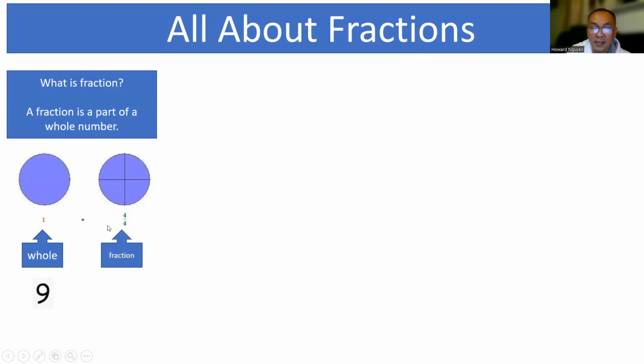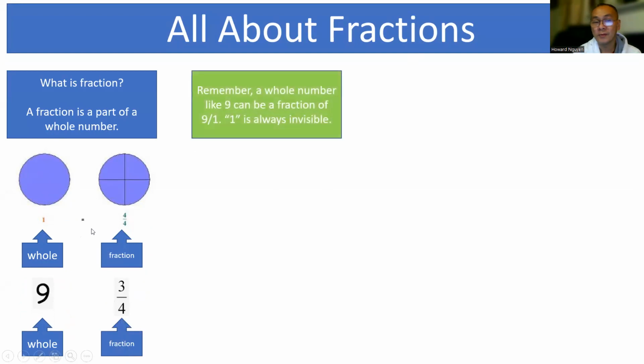So 9, what is 9? Whole number. What is the 4? If you say fraction, you sound around the applause. So remember, a whole number like 9 can be a fraction, 9 over 1, because the 1 is always invisible.